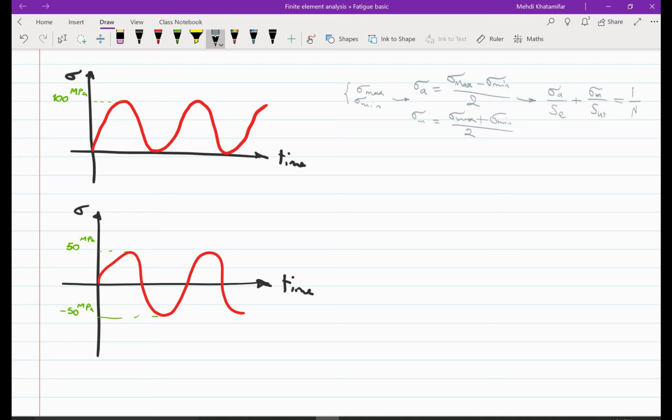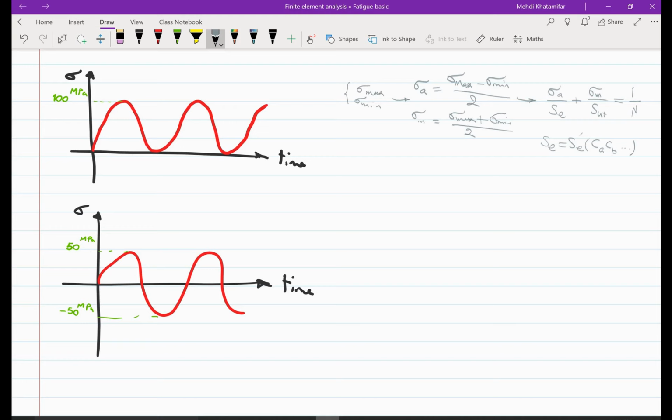If it's less than 1, finite life. For this case, you need SE, and we said SE is going to be SE prime times some correcting factors, which we are going to investigate. For this workshop, the material is still going to be structural steel.